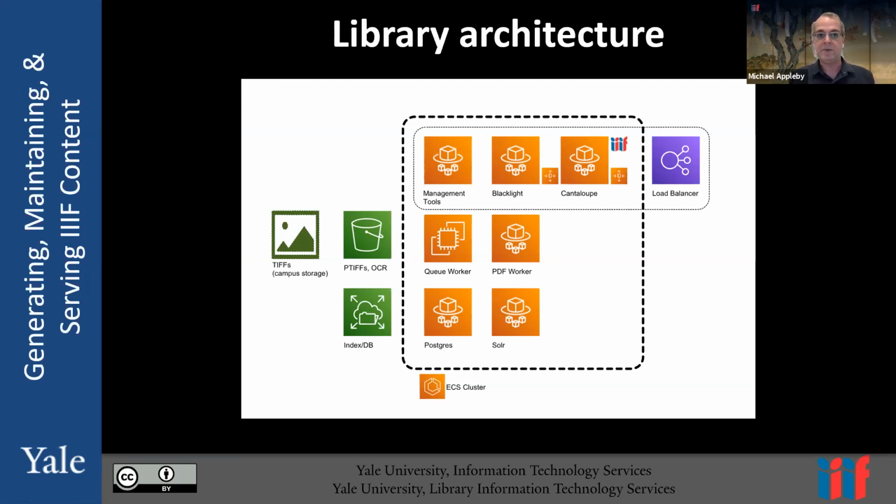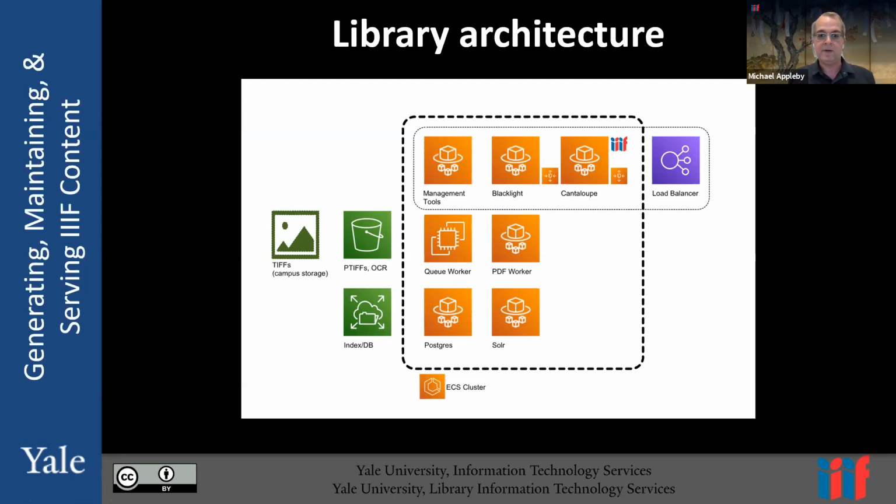And then we also have a completely separate management tools interface that's staff only, only for campus users. In the middle tier, we have our workers. These are all contained within our ECS, or Elastic Container Service cluster. So they're all Docker images being spun up in these tasks.